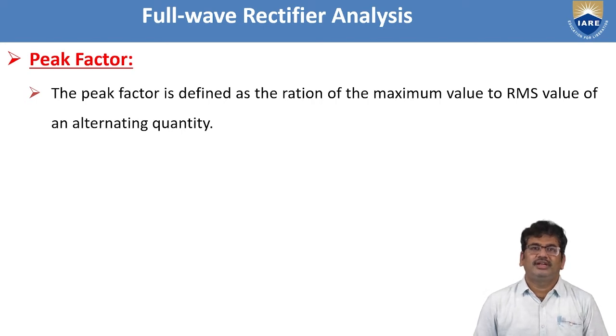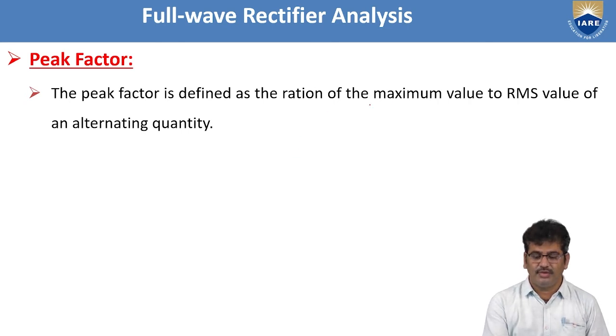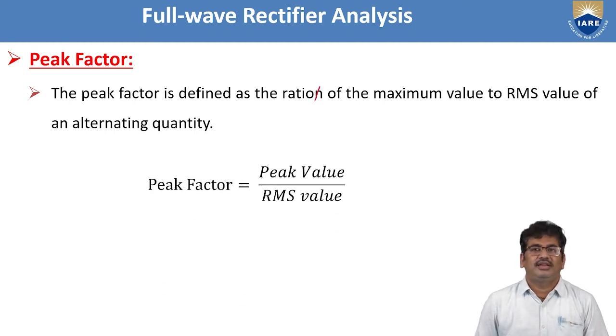The next factor for analyzing the full wave rectifier is the peak factor. The peak factor is defined as the ratio of the maximum value to the RMS value of the alternating current. So the peak factor is given as peak value to the RMS value.